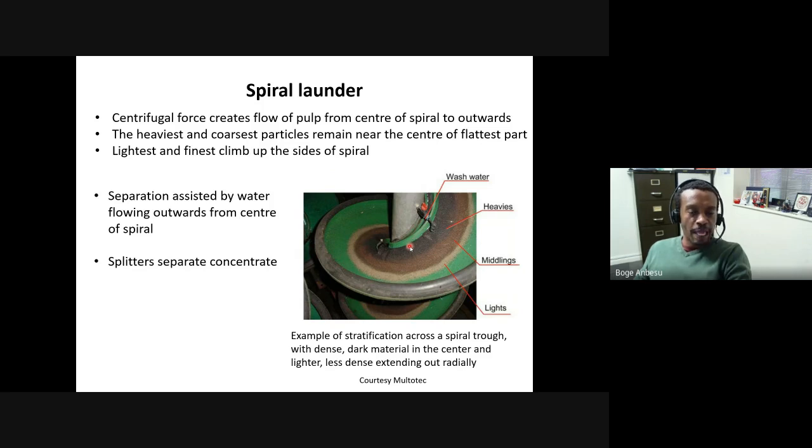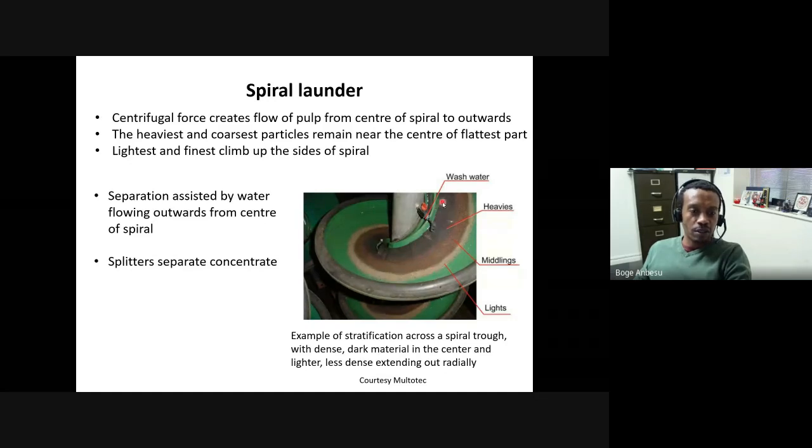This actually means that dense particles are drawn close to the axis, while light particles are drawn away from the spiral. And we also add what we call wash water. So we also apply wash water going away from the axis, which pushes light particles away from the axis.